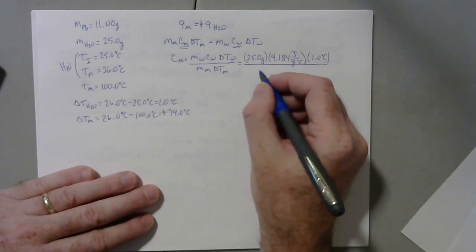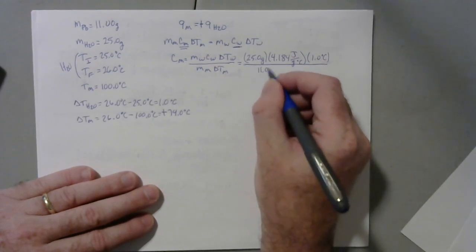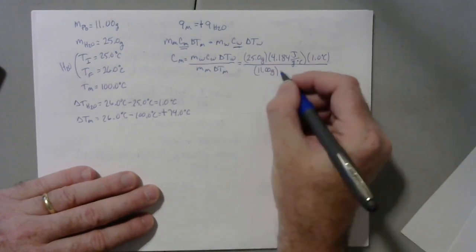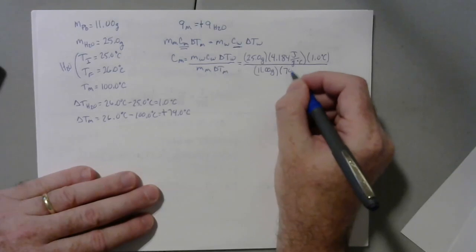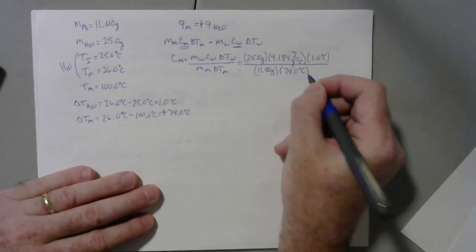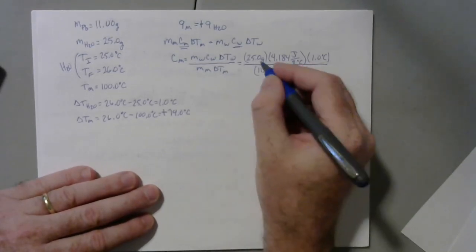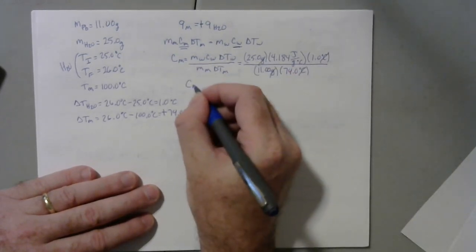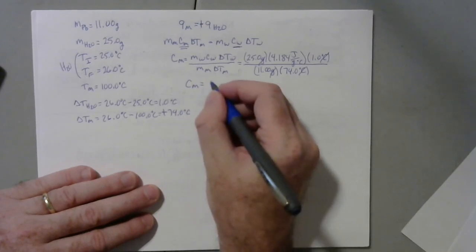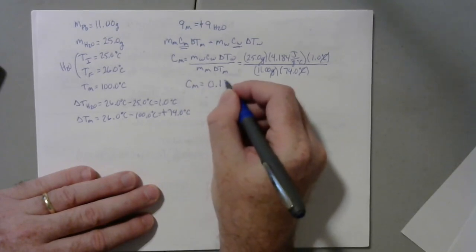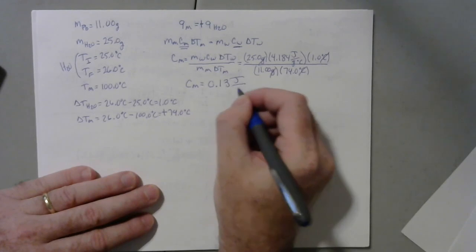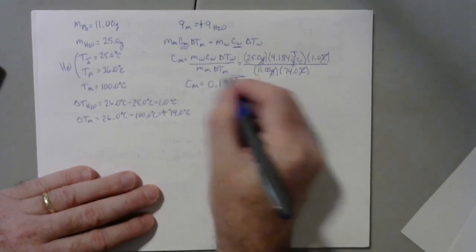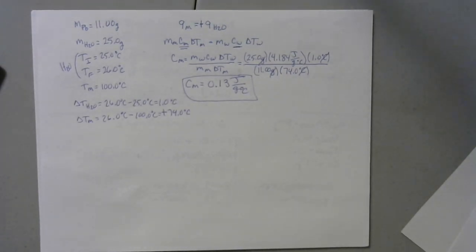Mass of the metal is 11 grams, and the change in temperature of the metal is 74 degrees Celsius. So then it's just a matter of canceling our units out, and we're left with joules per gram degree Celsius. So the specific heat of our metal is going to be 0.13 joules per gram degree Celsius. And that would be the specific heat of our metal.